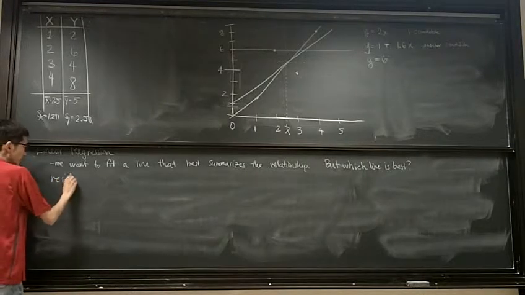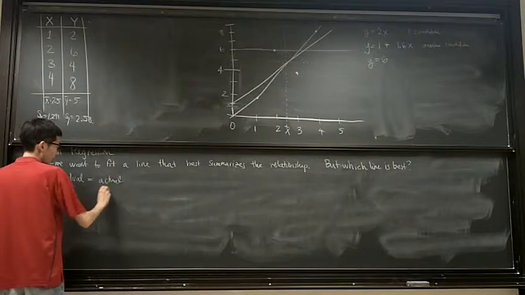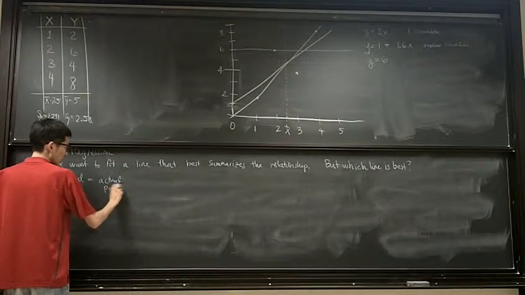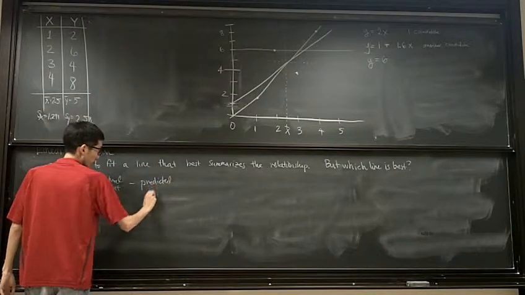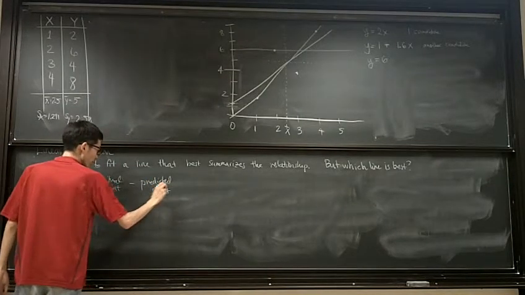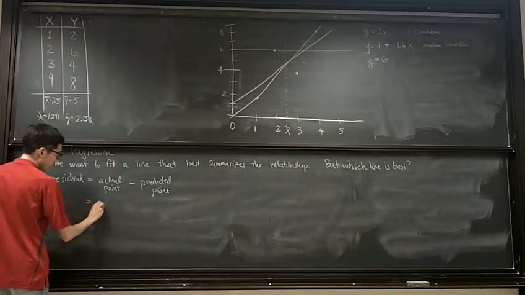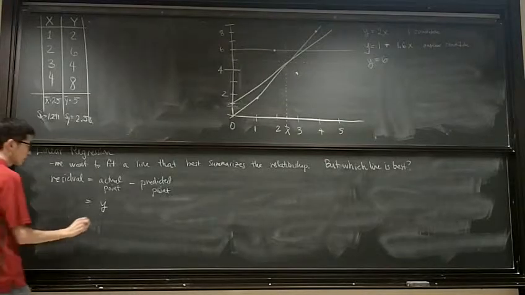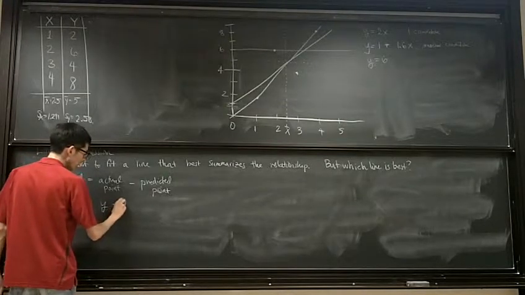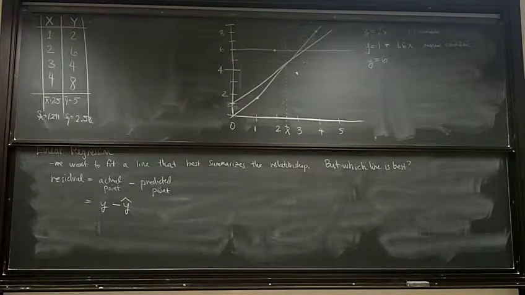So the residual is equal to the actual point minus the predicted point. And so symbolically, we write the actual point as y, and the predicted point is y hat. Okay?